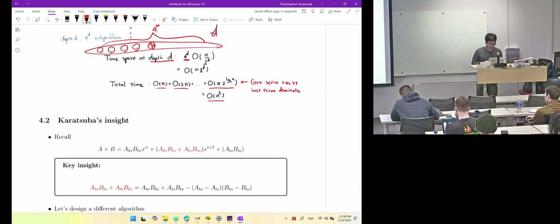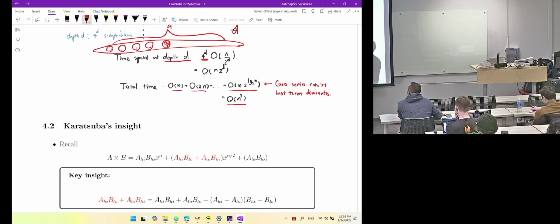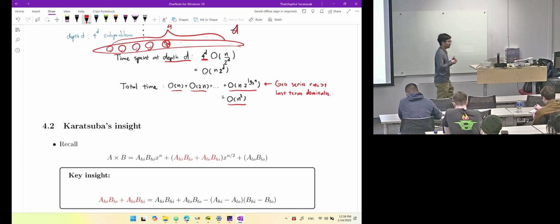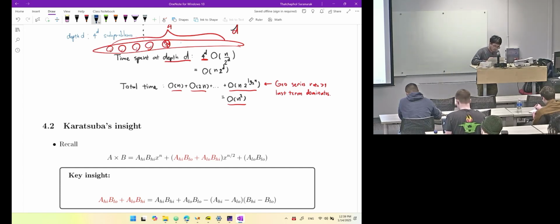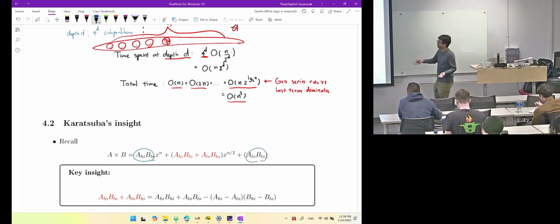Okay. The insight is this. We have seen before that a times b can be written in this way. There are 4 terms here, 4 multiplications here. However, the 2 guys here can be rewritten in this way. What does it say? It says that suppose you have computed this guy and this guy, and you must compute them anyway.